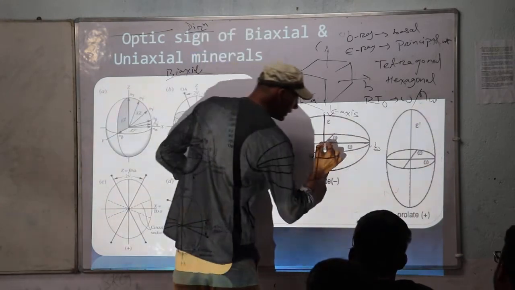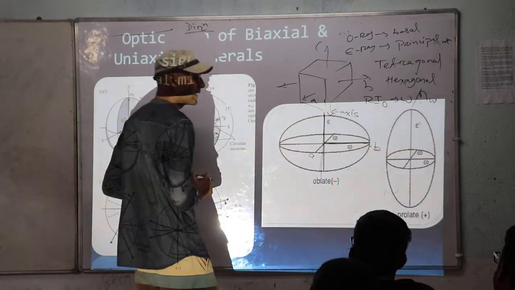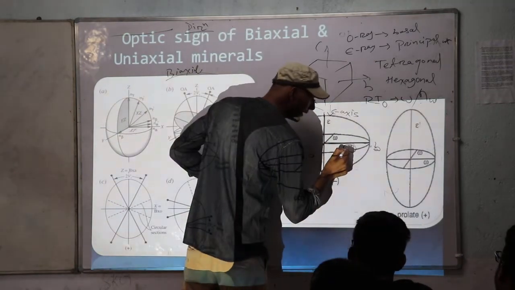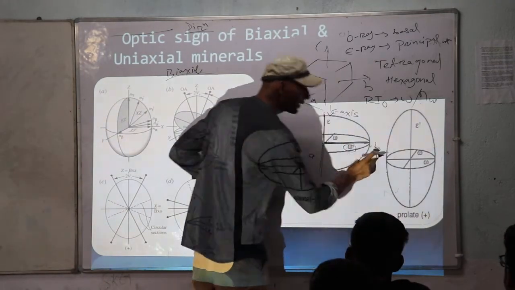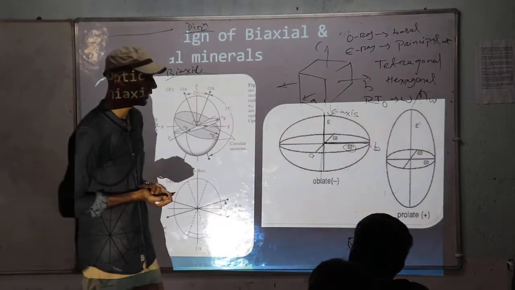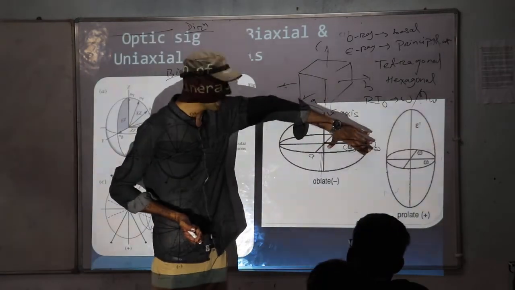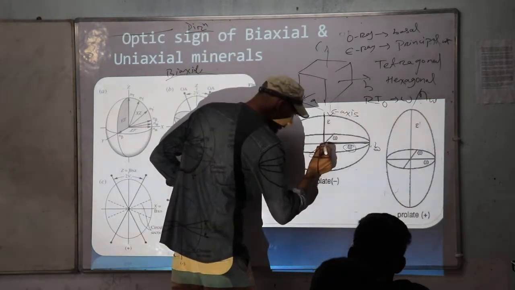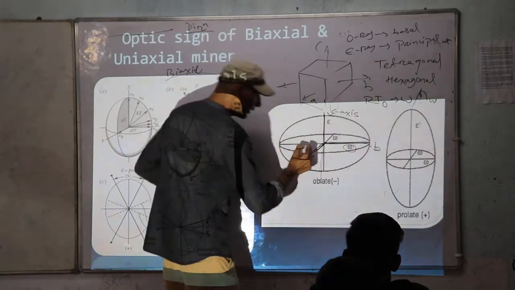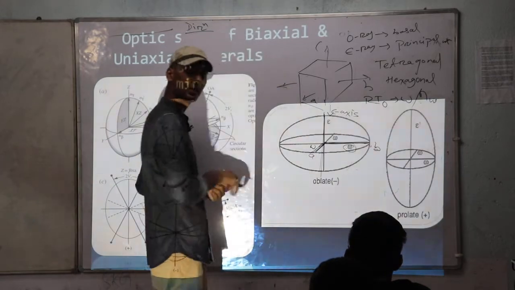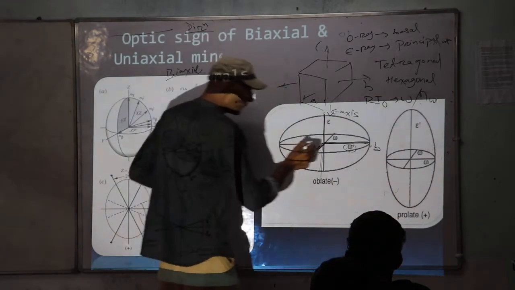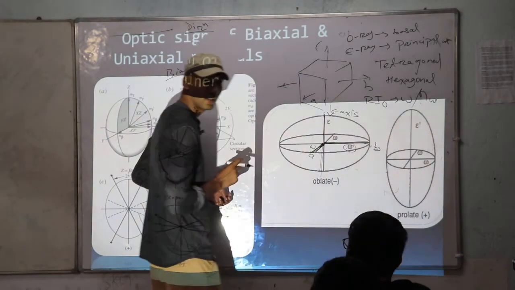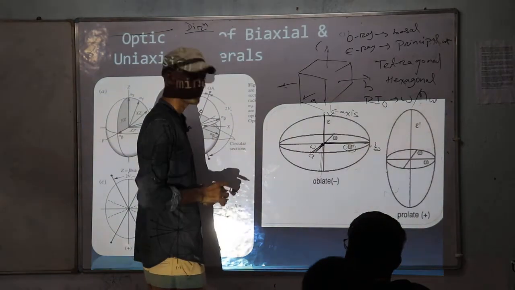Okay, so it is represented in this axis. Omega is the refractive index and this is the vibration direction, B is the vibration direction. In that vibration direction I am representing the refractive index here. This is A direction, or A axis. Here it is omega, and I am representing that in this direction, or in a direction within the basal section.